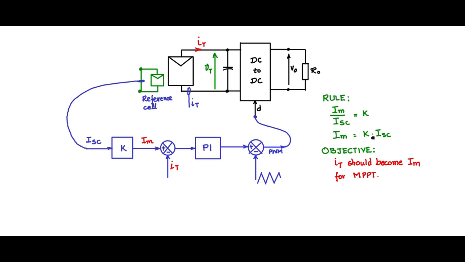IM equal to K ISC is much more accurate than VM by VOC equal to a constant. So this method of obtaining maximum power point tracking is called the current scaling method, or the reference cell method with current scaling.